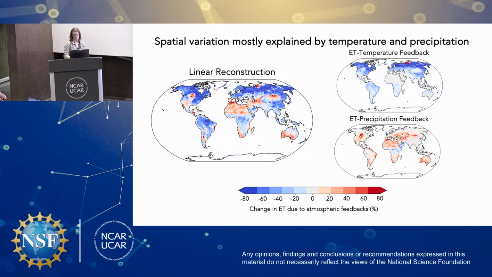It turns out we can mostly explain this just by feedbacks with temperature and precipitation. There's some more interesting stuff happening in the tropics with specific humidity and in the high latitudes with shortwave and longwave radiation. But the minimal information we need to capture this dependence on climatological moisture regime we can get just by looking at feedbacks between evapotranspiration and bottom of the atmosphere air temperature, and evapotranspiration and precipitation.